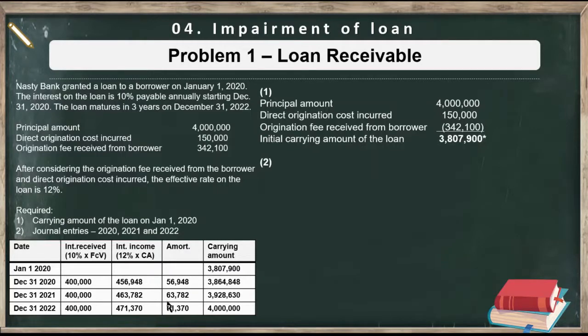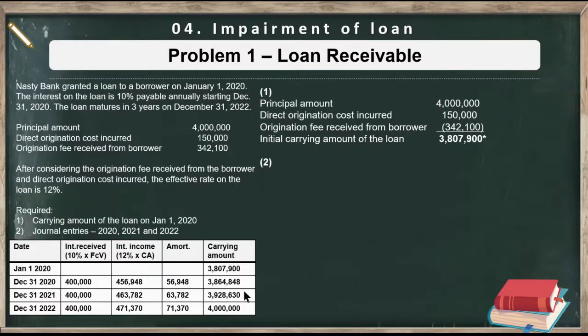So that would be 63,782 and add that to 3,864,848. So you will get 3,928,630. Since our last year is the following year, we just get the difference, the balancing figure.